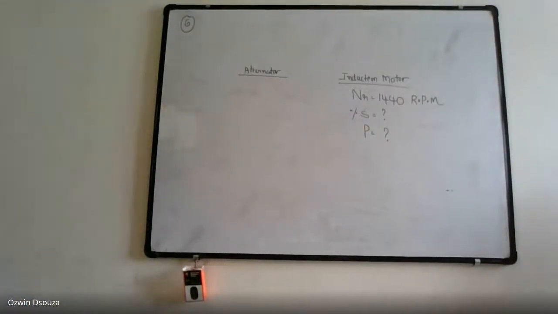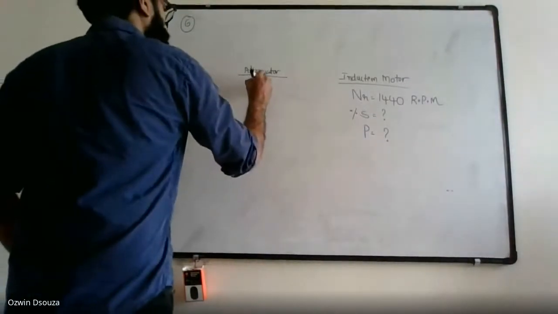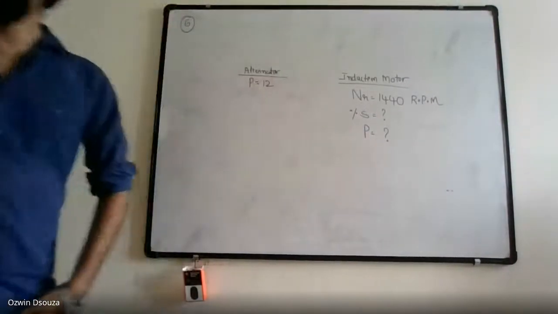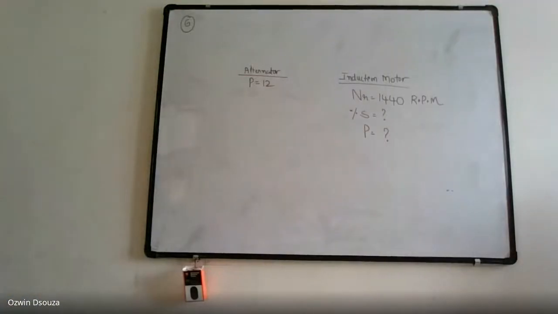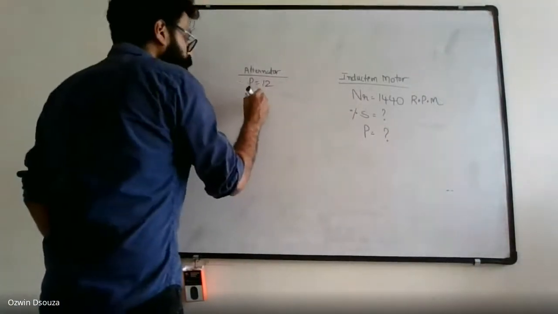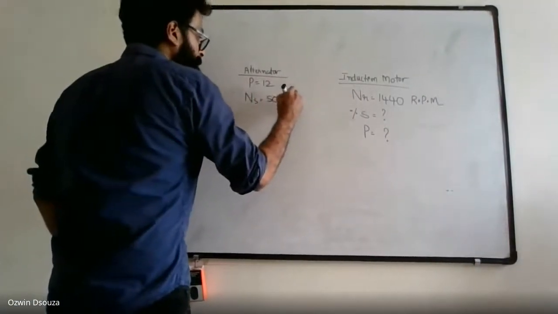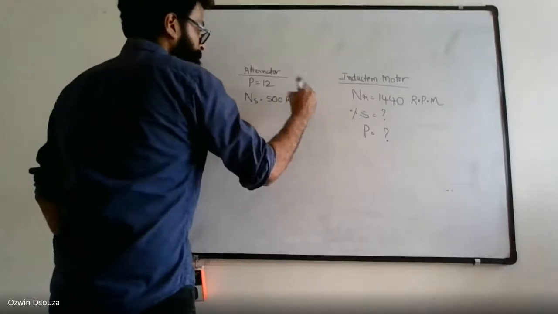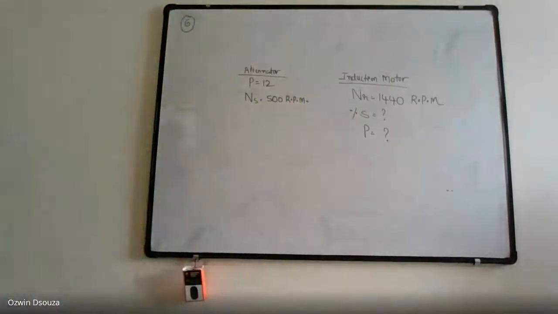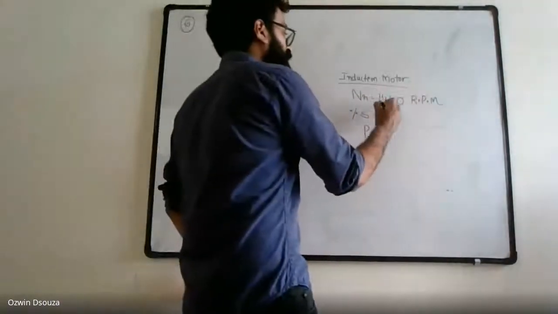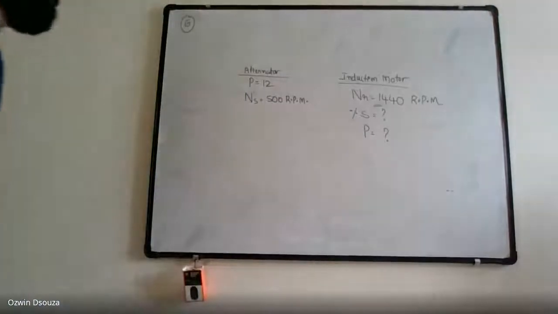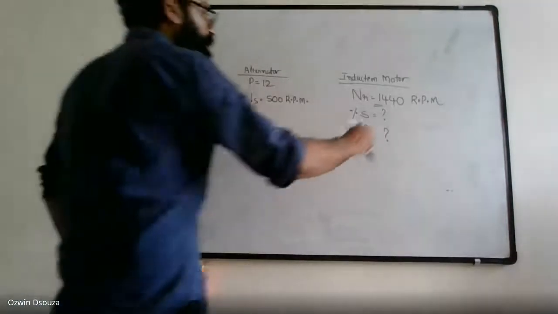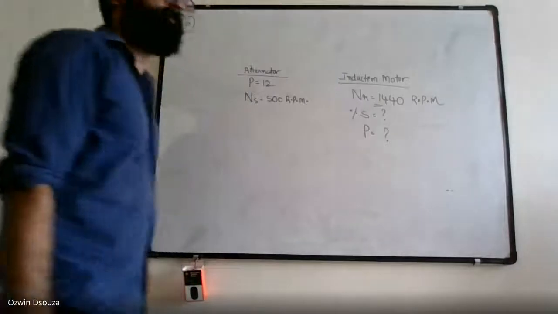Okay. So what is given? A 12-pole 3-phase alternator is coupled to an engine running at 500 rpm. So alternator speed is 500. And the speed of the induction motor is 1440 rpm. You are supposed to find out the slip and the number of poles.